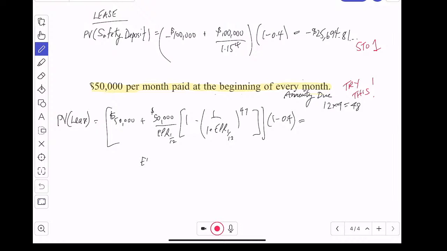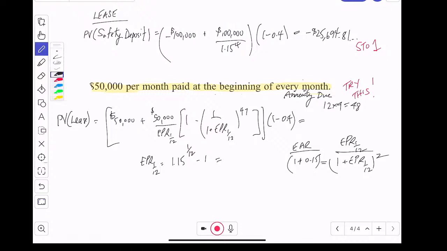So we need to get the monthly rate from the 15%. And it's an exponent thing, remember this. We have the effective annual rate, and we need the effective monthly rate, and 12 of these is equal to 1 of these, because these are smaller.